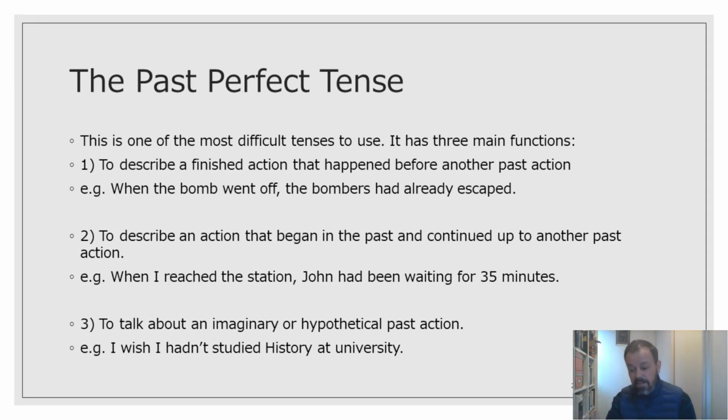That wait is now finishing at that instant because you've arrived, so he's not waiting anymore. But the action of waiting continued right up until the other action happened, which is slightly different from the first example, where the action of escaping had finished before the other action happened.